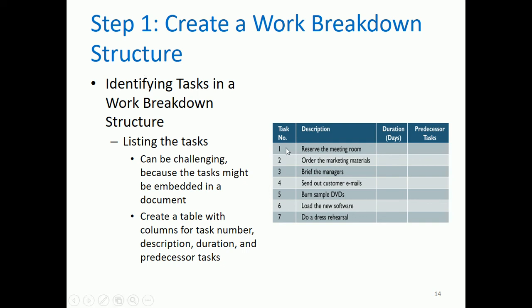This is always the arrangement: task number, description, duration in days, and then predecessor task. And as you could notice, with regards to the description, always start the sentence or the description with a verb. Actually, that's the standard for listing the tasks.